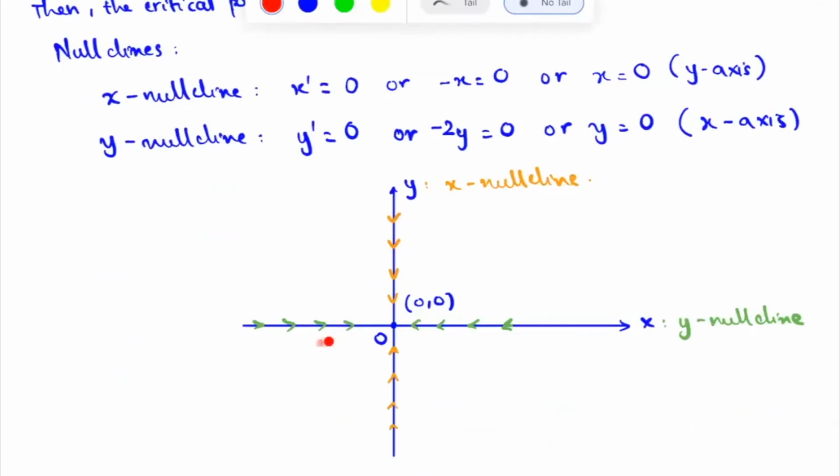So the x nullcline and the y nullcline indicate that everything is pointing toward the critical point. You can actually conclude that the critical point is an asymptotically stable point. In addition to that, from these suggestions of the nullclines, you can graph out some direction field. Everything has to point toward the critical point.